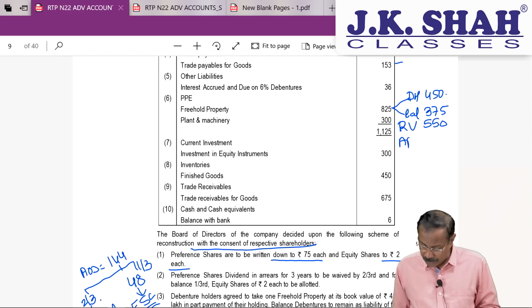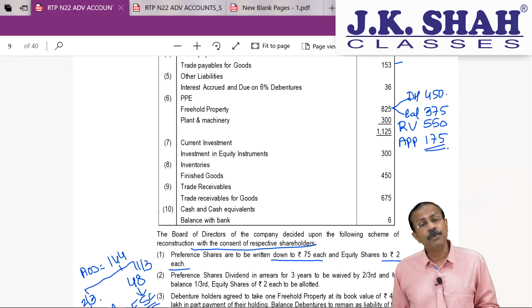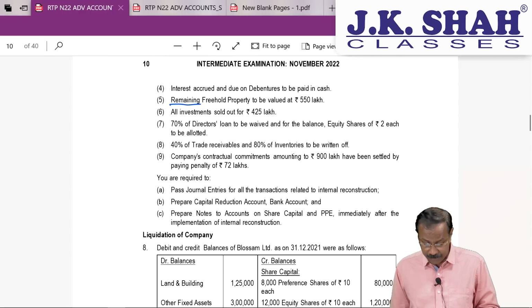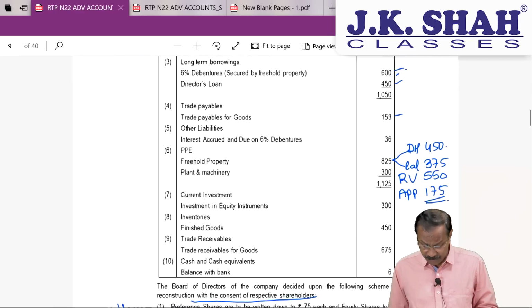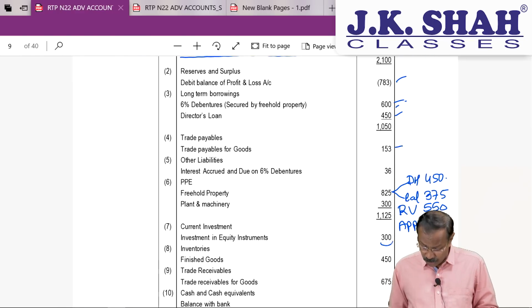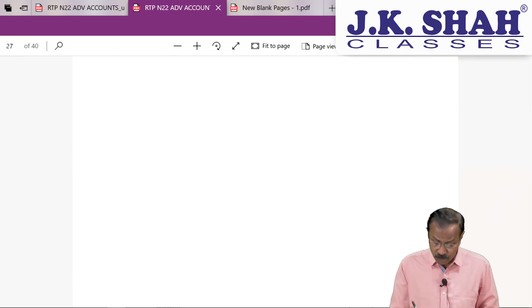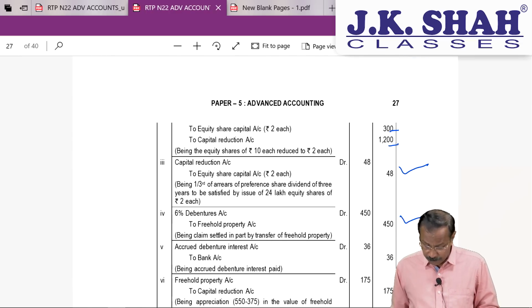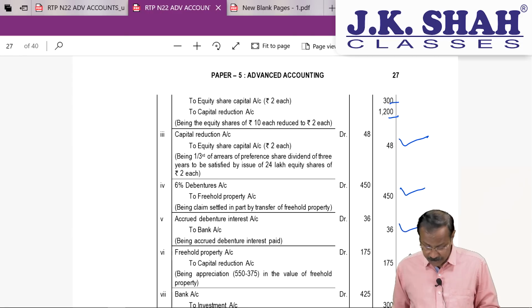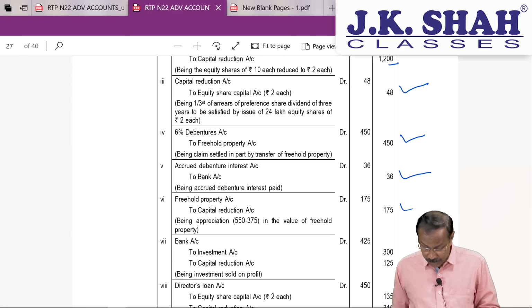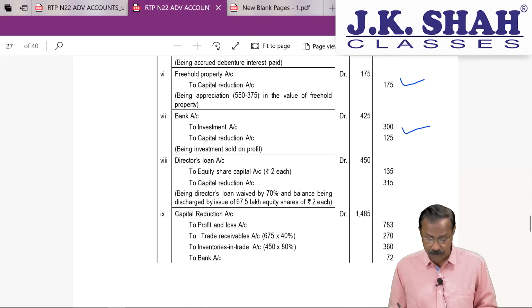So, can I say there is an appreciation of 175? Freehold property account debit to capital reduction 175. All investments are sold out for 425. Investments were how much? 300. Sold for 425. Profit of 125, that will go to capital reduction. See, property is gone. Accrued interest is settled in cash. Appreciation, investments, 125, profit goes to capital reduction.